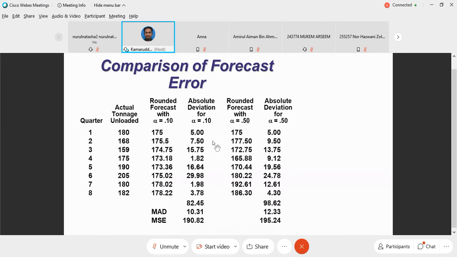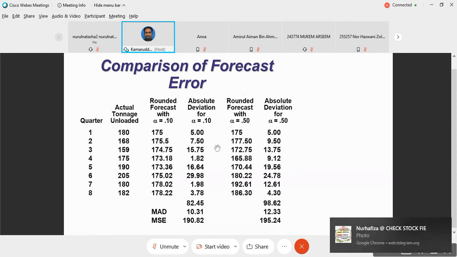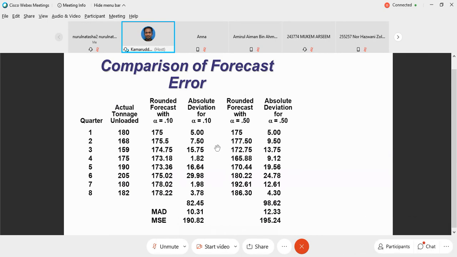7.5 multiplied by 7.5. So the total value of the squared deviations will be used in measuring error using the technique of mean square error.